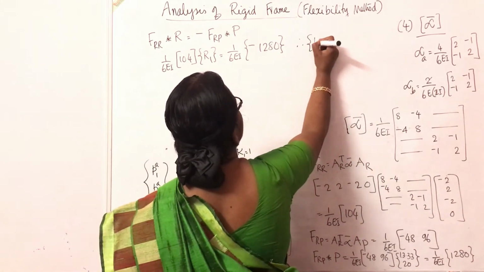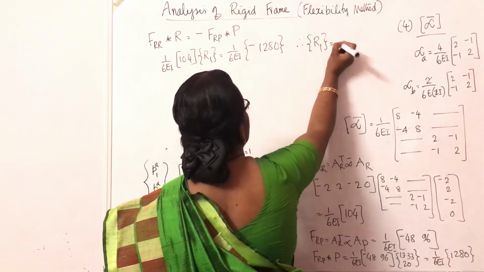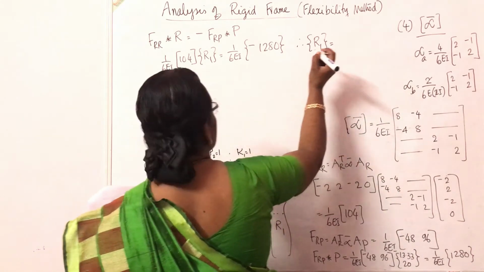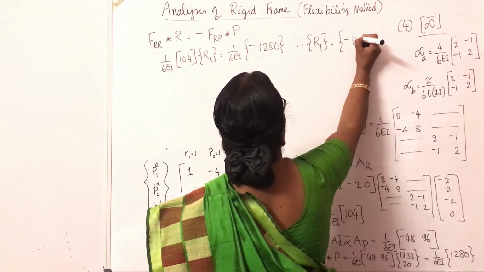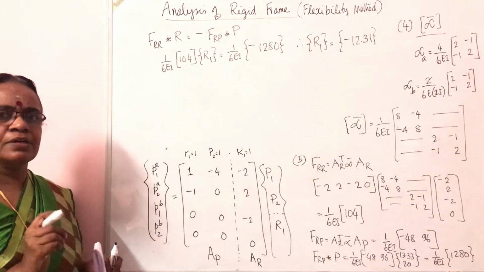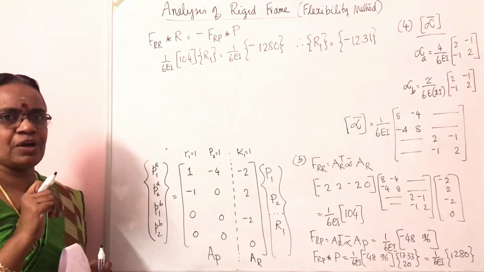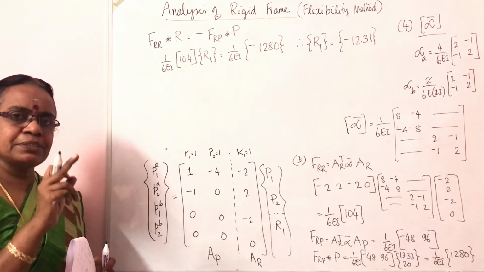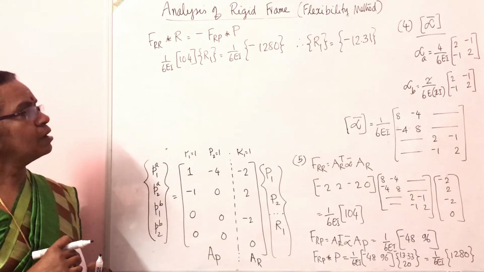Solving that, you will get R1 is equal to minus 12.31. That means the reaction at that support C is opposite to the sign which you have assumed. I have assumed downward, but the reaction is 12.31 upwards.